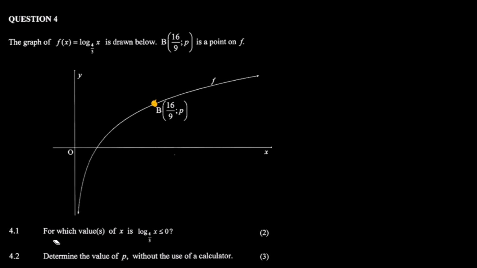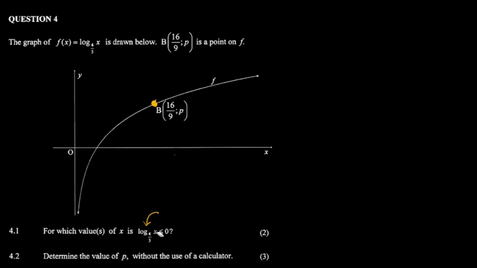Now the question is asking us for which values of x is log x base 4/3 less than or equal to 0. So they're asking us what are the values of x where this log graph is negative. Remember, less than 0 means negative.